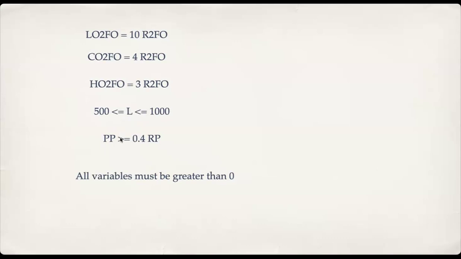And the last one, premium petrol must be greater than or equal to 0.4 of RP, regular petrol. And the most important constraints, this one, all variables must be greater than zero, okay? Must be zero or positive.